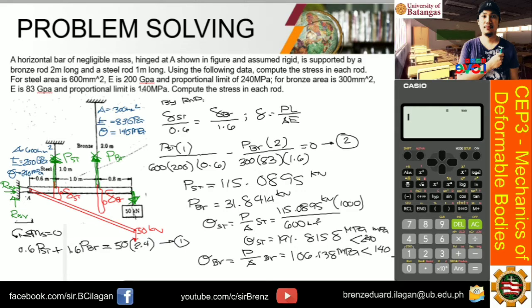Ano nga yung doon sa Hooke's law natin, doon sa stress and strain diagram? Ano yung kasunod doon sa proportional limit? Kapag lumampas ka doon, papunta ka doon sa elastic limit. Tama ba? So, yung proportional limit na given dyan, yan yung maximum dun sa ating graph.